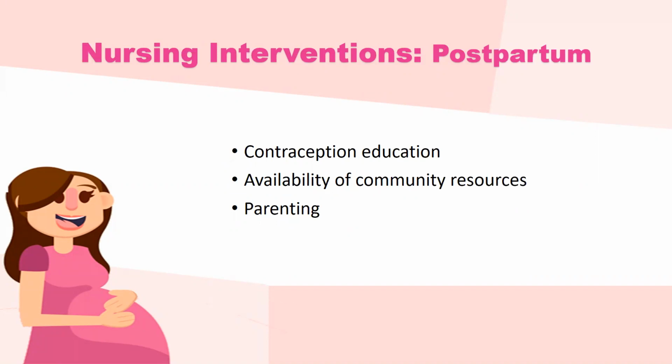Postpartum interventions that are important are contraceptive education, community resources that help them with this, and other information and community resources on parenting. Be sure to involve the father in this information.